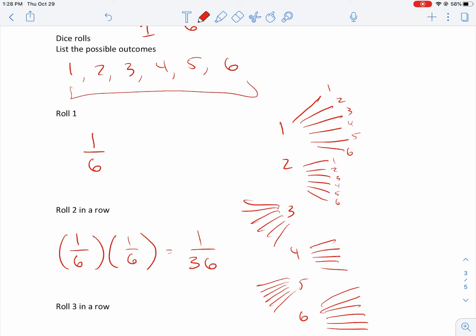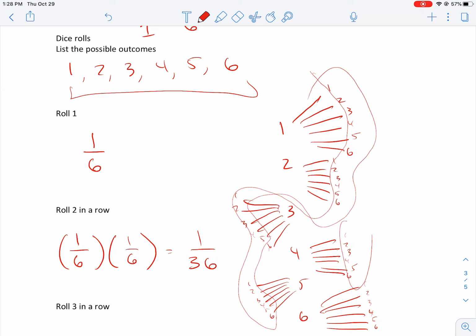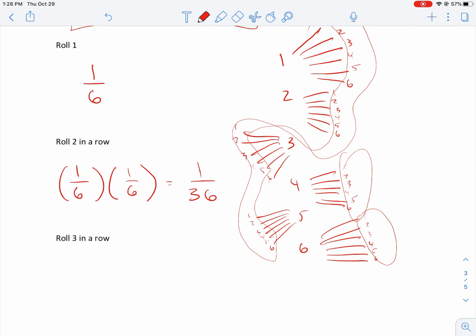You roll the dice twice. If we were to count all these up, we would have 36 different outcomes. So that's where these numbers are coming from, your denominators. If you're wondering why there's 36 under there, it's because when you roll the dice twice, we have 36 different outcomes.